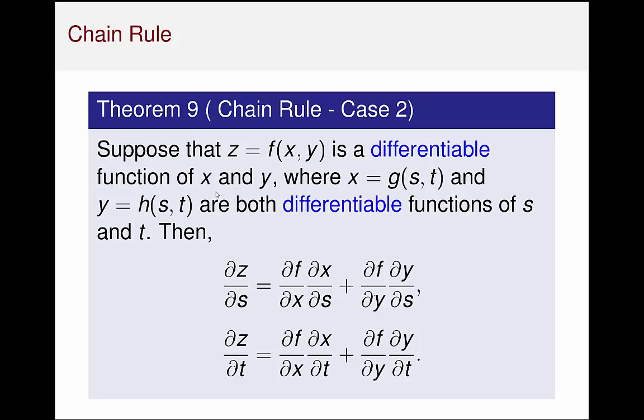So formally, suppose z equals f of x, y is a differentiable function of x and y, where both x and y are differentiable functions of two variables s and t, then implicitly z is a two-variable function of s and t by means of composition, since we can write z equals f of g of s, t in place of x and h of s, t in place of y.